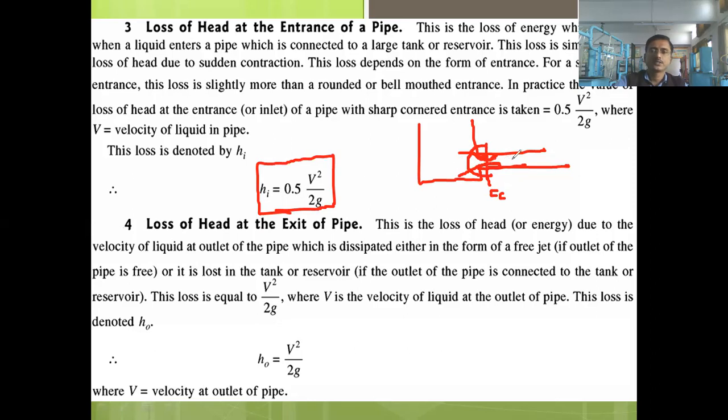V is the velocity in the pipe. You can write Hi is equal to 0.5 V square upon 2g.